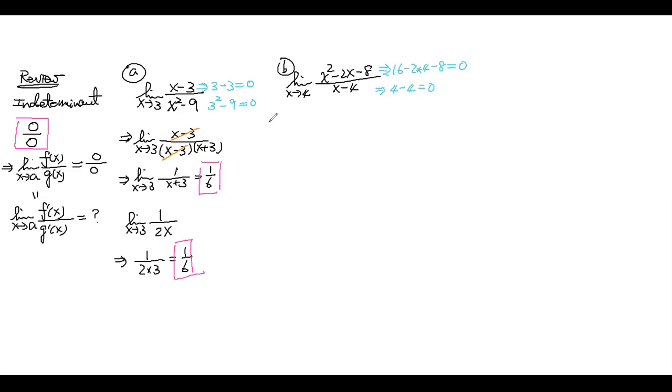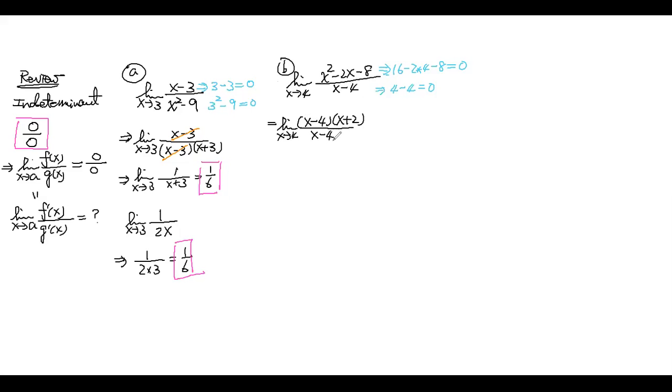So like we said, you can either try to factor it to see if you'll be able to cancel the trouble terms, or you can use L'Hopital's rule directly. So in here, I thought, well, this one is pretty obvious. I can factor. So this is x minus 4 times x plus 2, right?